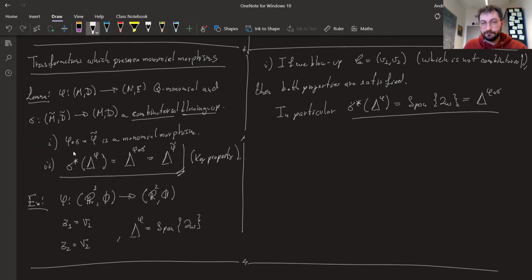And we can see that. So we don't need to blow up only combinatorial. There are more general blowings up that preserve both properties.